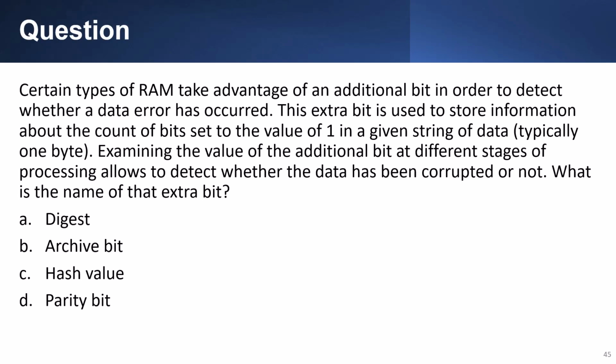Question: certain types of RAM take advantage of an additional bit in order to detect whether a data error has occurred. This extra bit is used to store information about the count of bits set to the value of 1 in a given string of data, typically 1 byte. Examining the value of the additional bit at different stages of processing allows you to detect whether the data has been corrupted or not. What is the name of the extra bit?